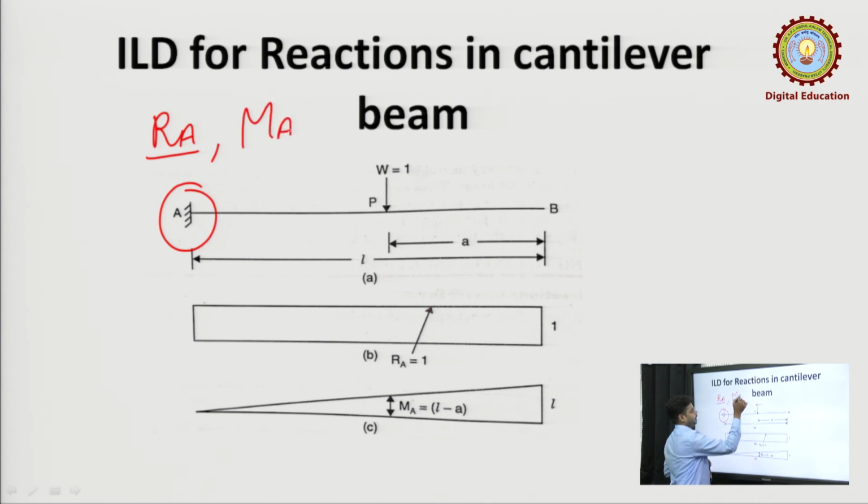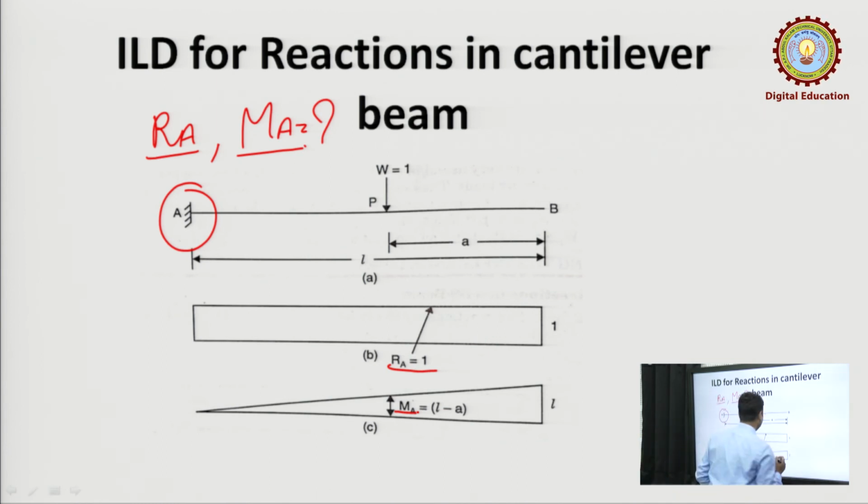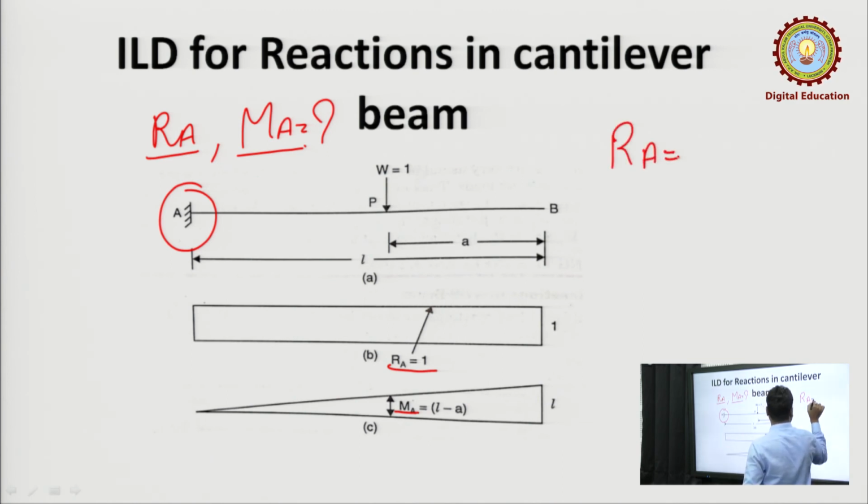We will calculate RA and moment at A. For these two unknowns RA and MA, we are going to draw influence line diagrams. How can we draw? See here, what will be the reaction?